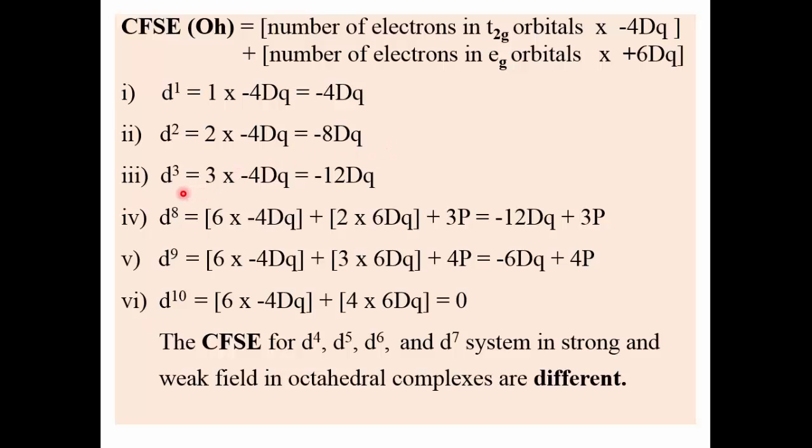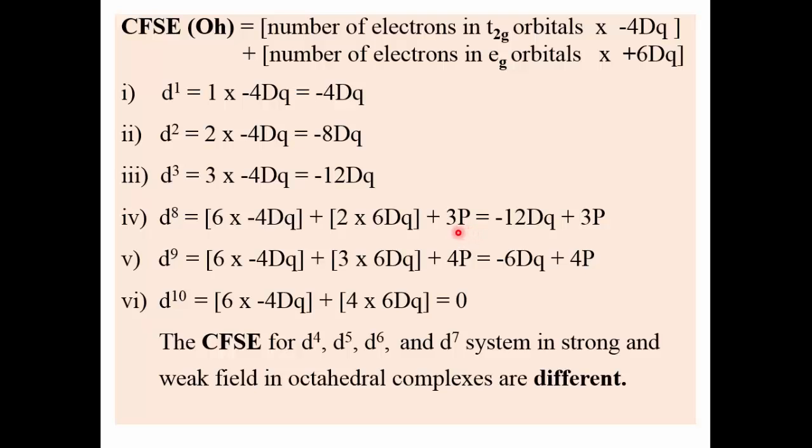Similarly, this is D3. 3 electrons enter into the t2g orbital. Its energy is minus 4dq. Therefore, 3 into minus 4dq becomes minus 12dq. Then the D8 system: 6 electrons are now present in the t2g orbital, multiplied by its energy minus 4dq, plus 2 electrons present in the eg orbital into its energy plus 6dq, and 3 electron pairs are present in the t2g orbital.